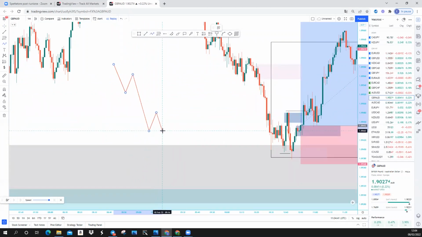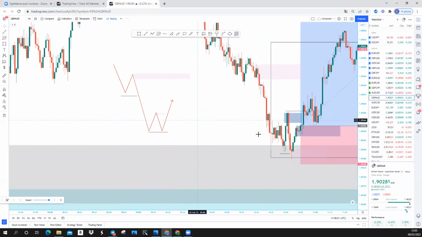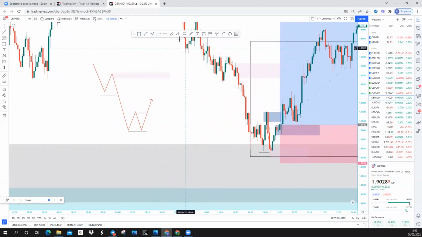If this happens, this is not confirmation, because the break of structure is here, and this supply didn't break structure. So this break to the upside is no confirmation.